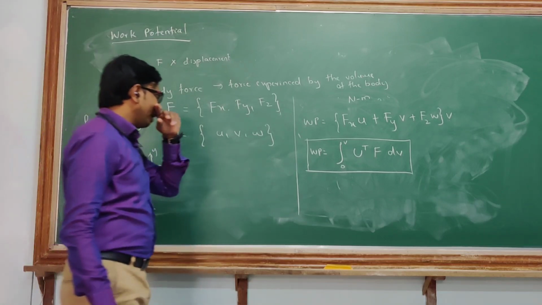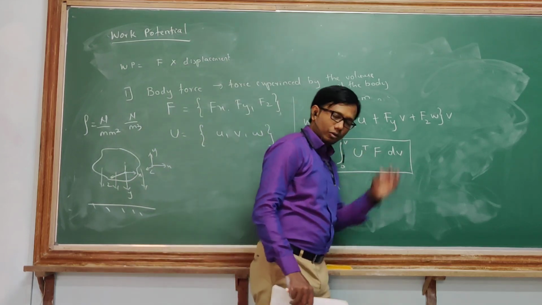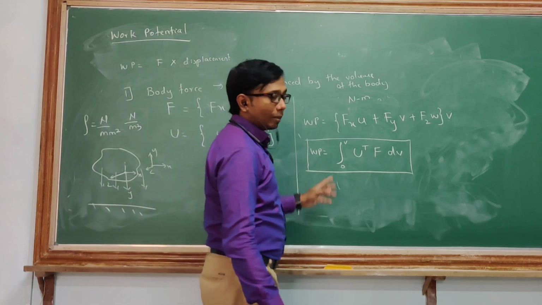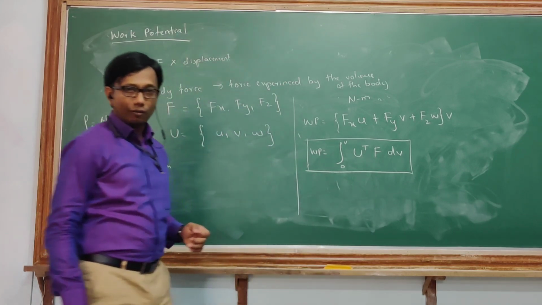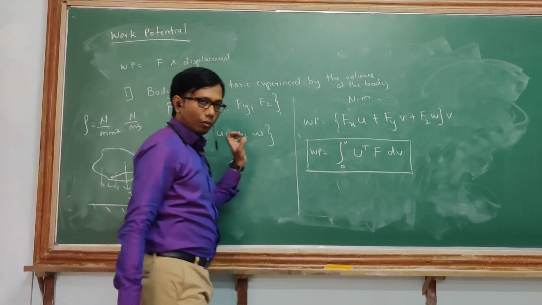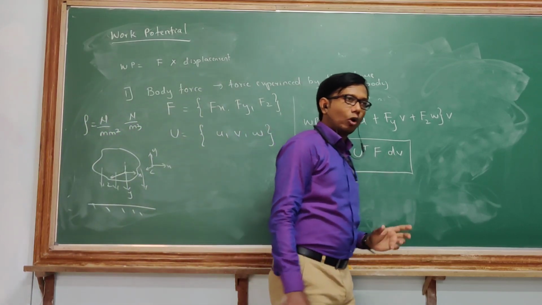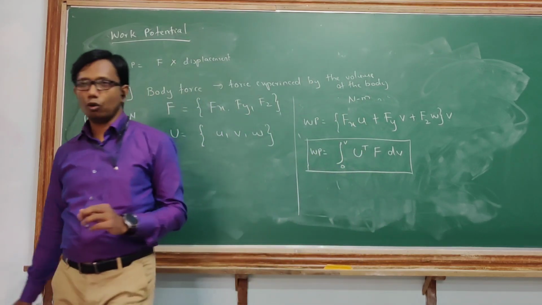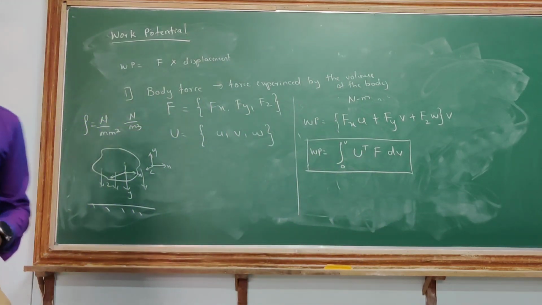Now why am I writing it in a transpose form? We are using matrix multiplication here. One should be row wise and one should be column wise. If both are row wise or both are column wise, you will not get the correct equation.